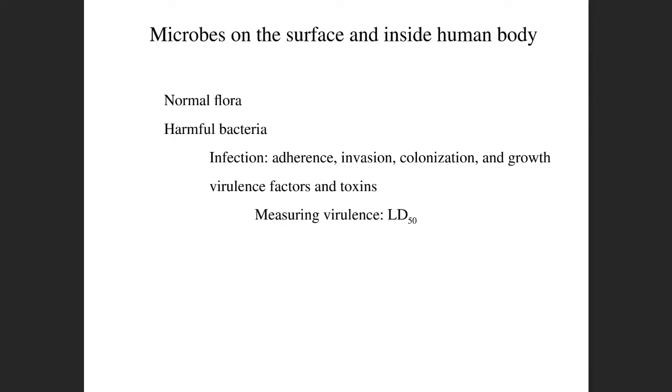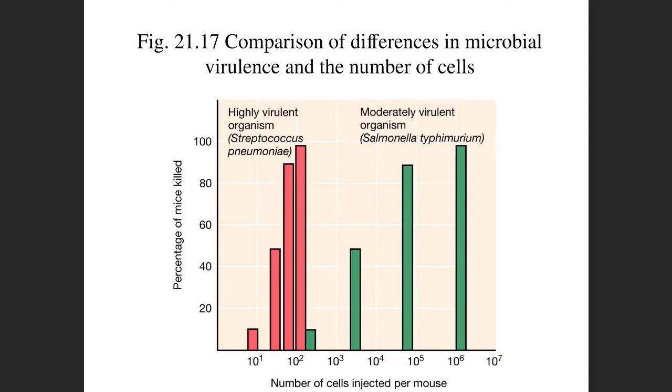Now, the different bacteria have different levels of how bad they are, how infectious they are, right? And how virulent they are. And so we have a measurement to measure how deadly any given bacteria is. This measurement is LD50, lethal dose 50.